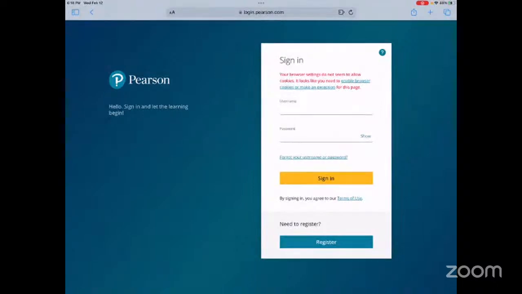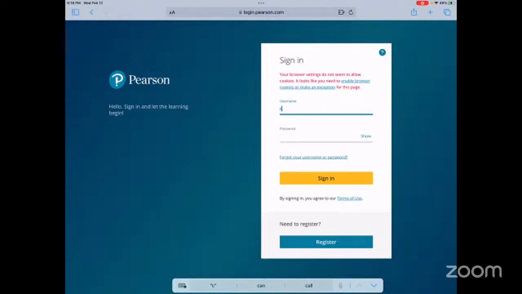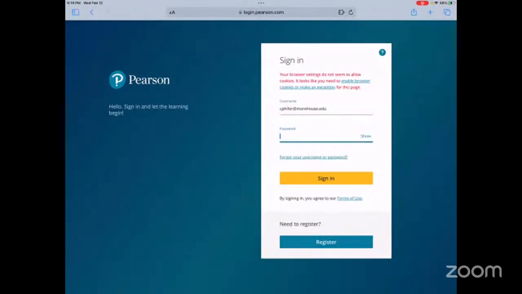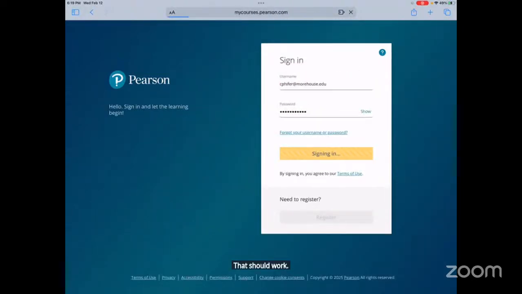There we go. Okay, that should work. Okay, so let's open it up.